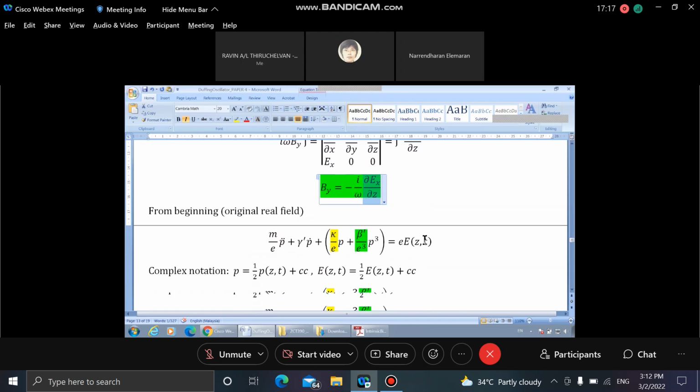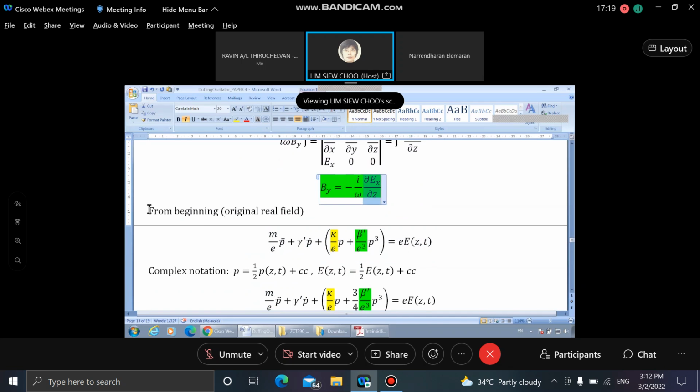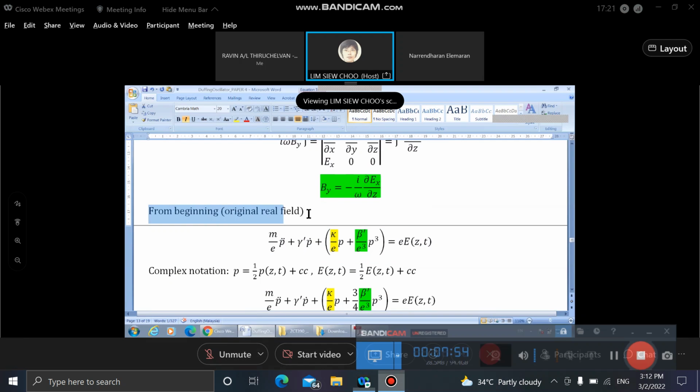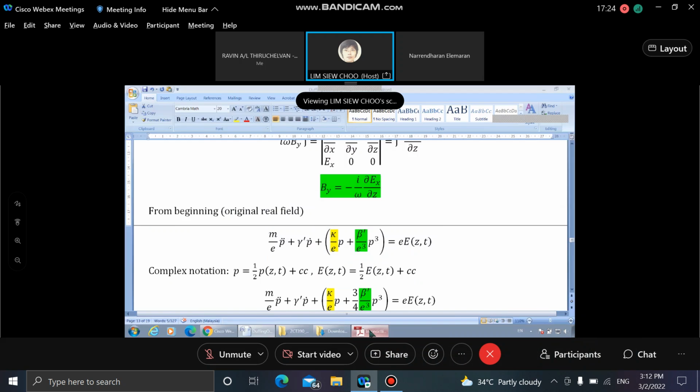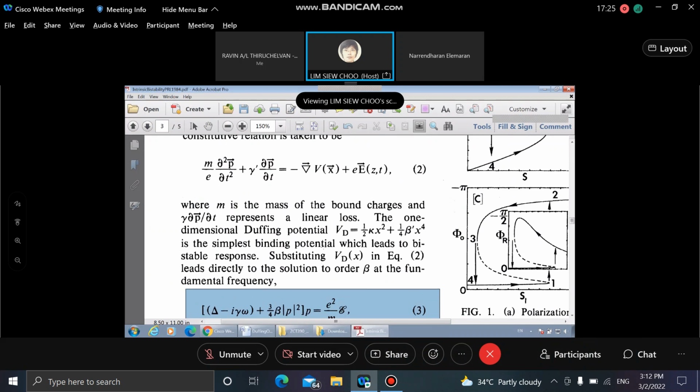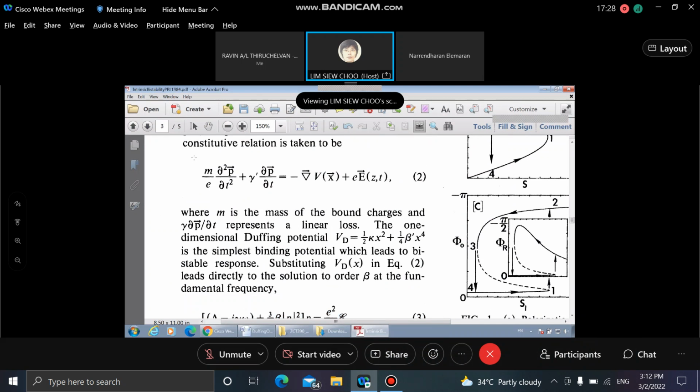Okay, so now we go back to the beginning of the paper. So this is the beginning of the paper. There are constants here. I keep on having problem with the constant. So when you work it out, please be very careful of the constant. But here I just want to let you see the conceptual things. I won't go into the details.